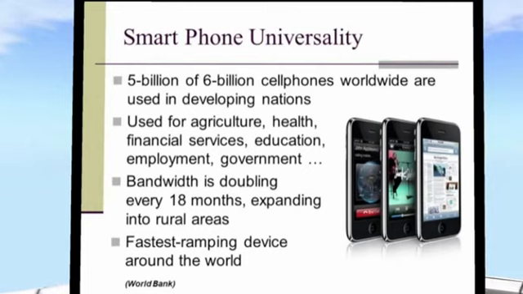But cell phones are becoming ever cheaper, and network bandwidth is doubling every 18 months and expanding into rural areas worldwide. Internet-enabled tablets are now the fastest ramping device around the world, and solar tablets as well are especially promising in areas where electricity is iffy.